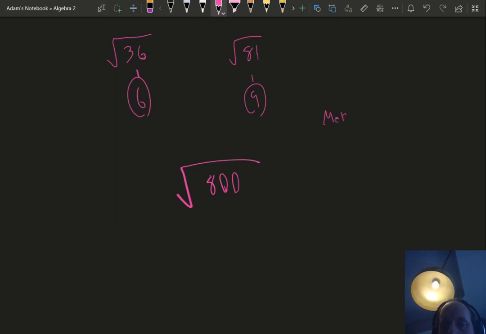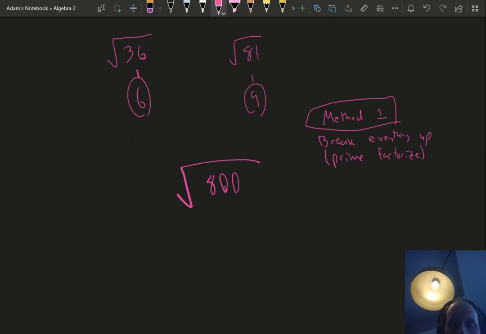Method 1, you're just going to break everything up. Basically, you're going to prime factorize it all. Once you do that, if there's any doubles, you take the hat off.